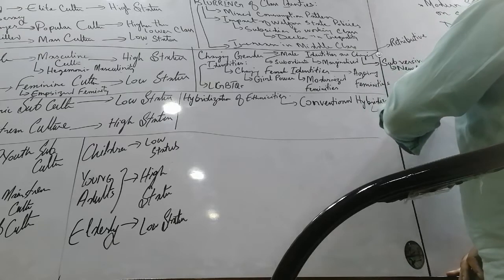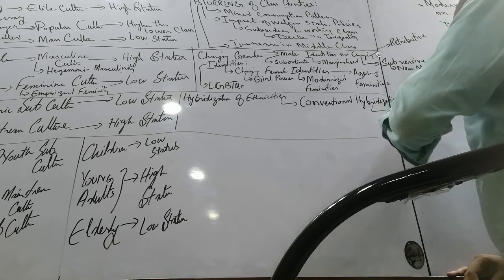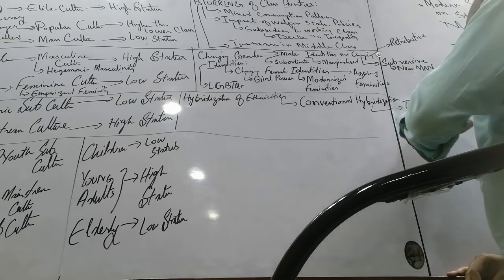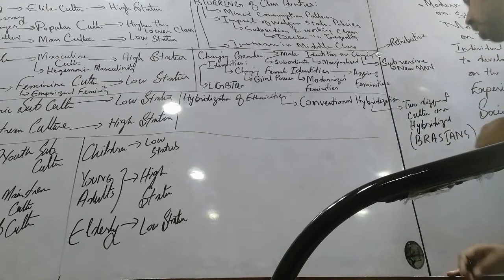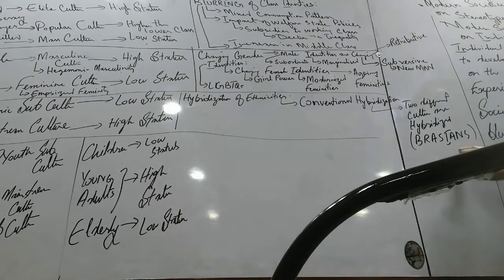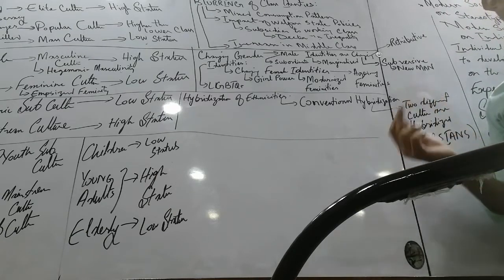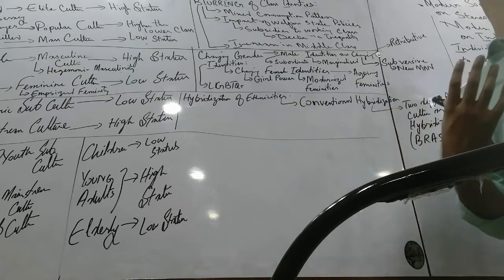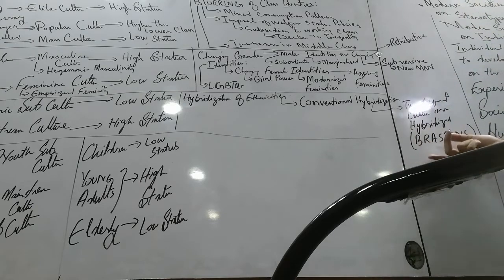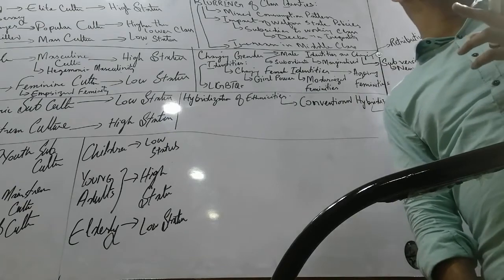If I share one basic example, this is all about Brasians. Brasians are individuals who are living in Britain, but they are Asians actually, Indians or Pakistanis. Their famous dish is chicken tikka masala. Chicken tikka masala is consumed by British individuals and also by Pakistani and Indian individuals. So Brasians are the people who have conventional hybridization in terms of ethnicities.